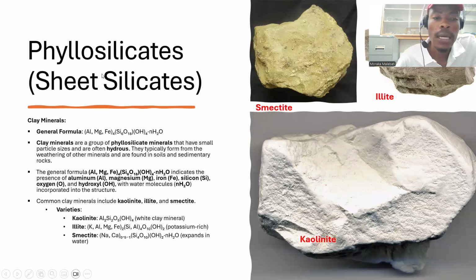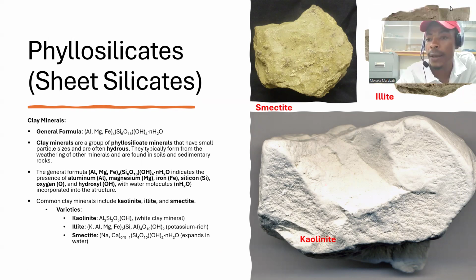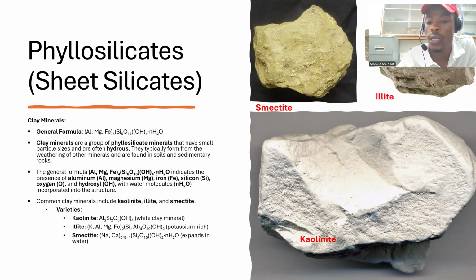Then we've got clay minerals. Clay minerals would include smectite, illite, and also kaolinite. Sometimes people confuse kaolinite with talc. But remember, talc is soft, which is why it is used for making baby powders.